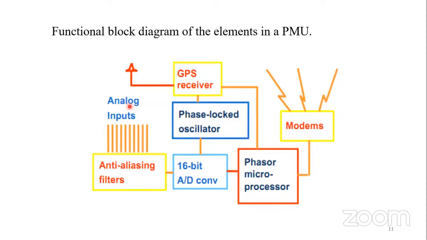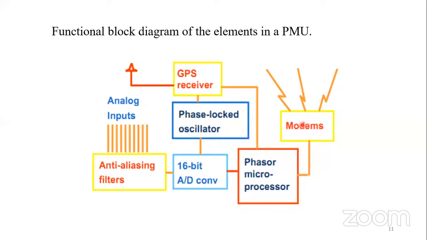All this analog information goes to the anti-aliasing filter, which weakens the signal, and then to the analog to digital converter, because we want to see the values in digital format. Then it is sent to the operator, to the energy management system. Actually, this block diagram of the PMU is general, because every manufacturer has a different model.